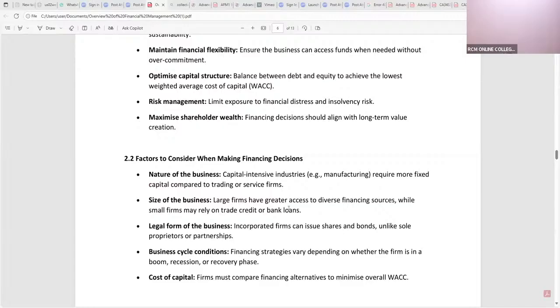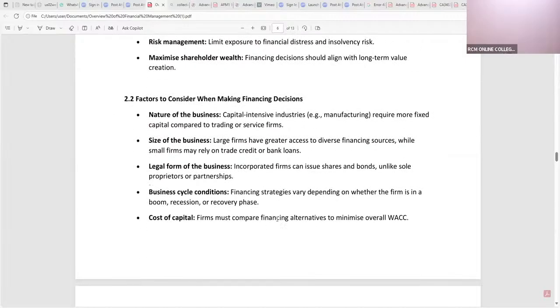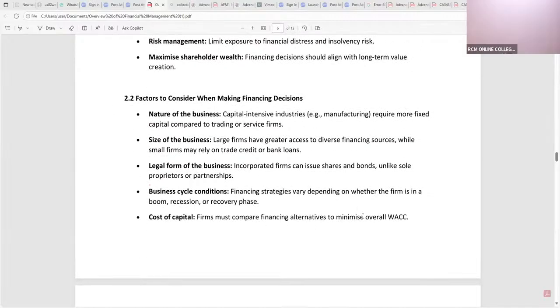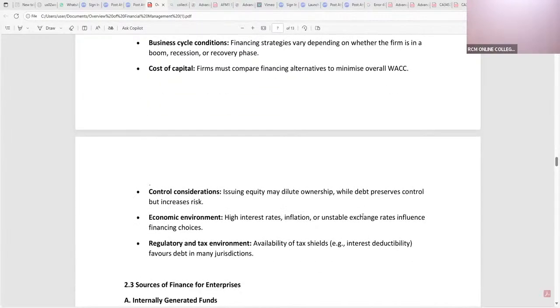And then we have the cost of capital. Firms must compare between alternatives to minimize the overall WACC. We have control considerations. When you are issuing shares, equity, you are losing control. So issuing equity may dilute ownership, while debt preserves control but increases risk. Economic environment.